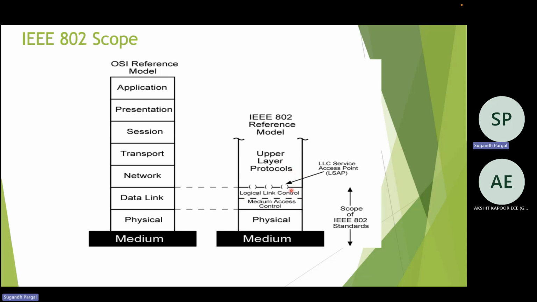That means all the headers coming from the network layer or the transport layer are framed in the logical link control layer. Apart from that, all the other IEEE standard protocols are implemented in the logical link controller and the medium access controller along with the physical layer.